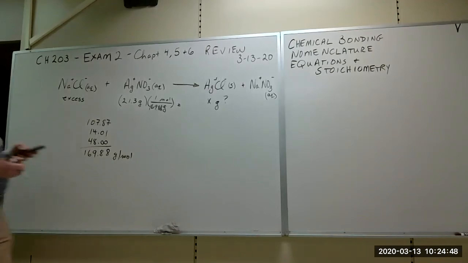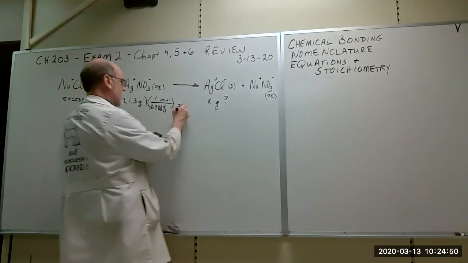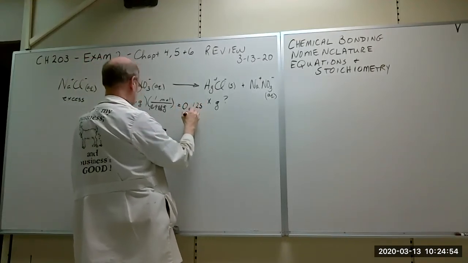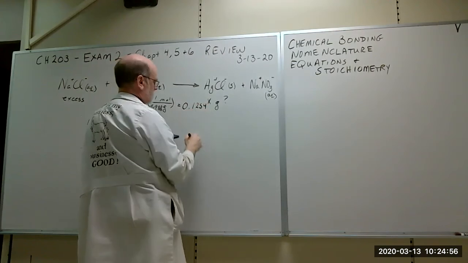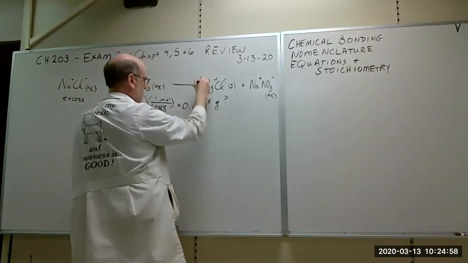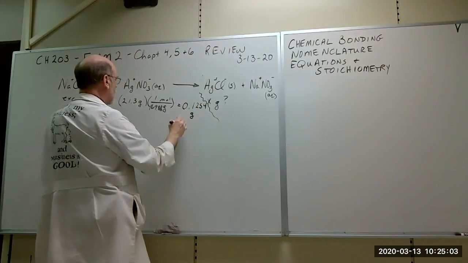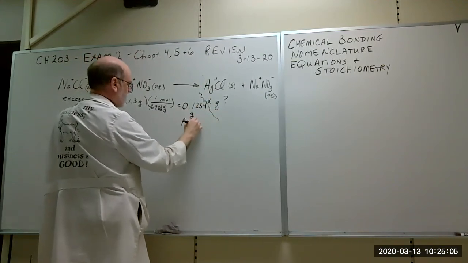Okay, I got, in standard notation, 0.1254. Grams of silver nitrate.